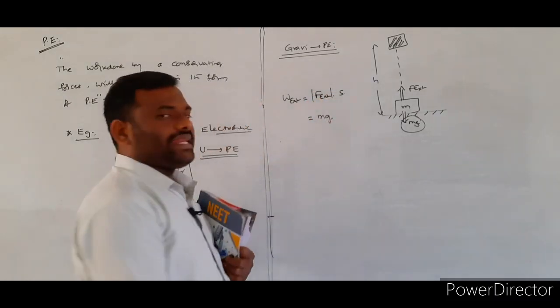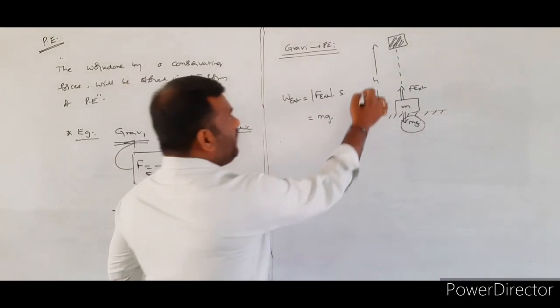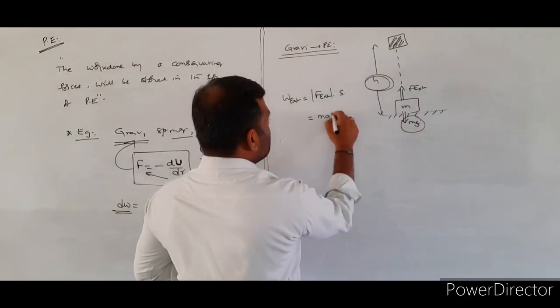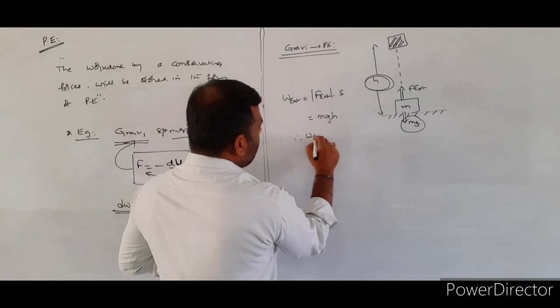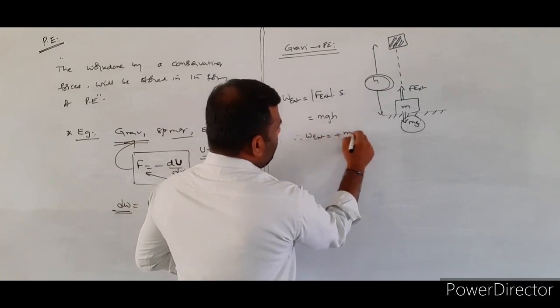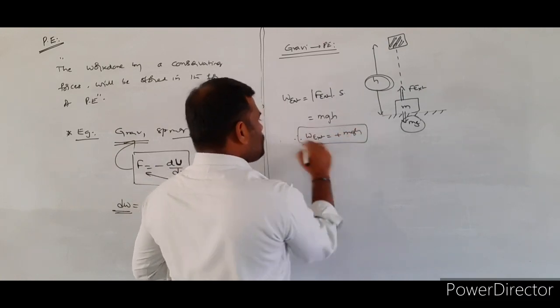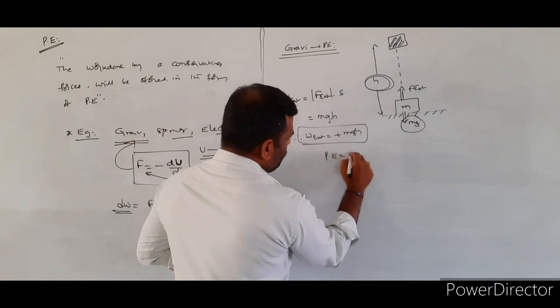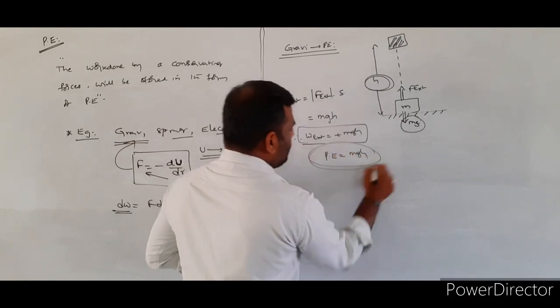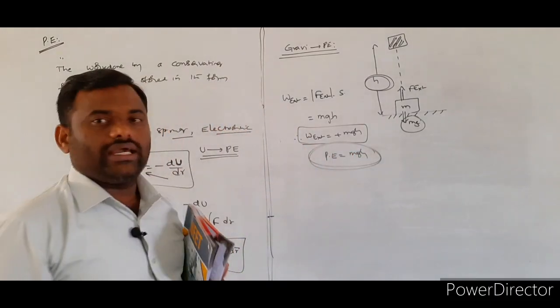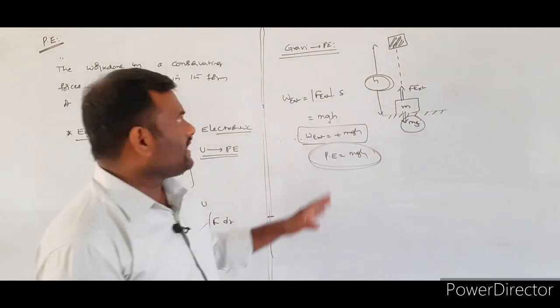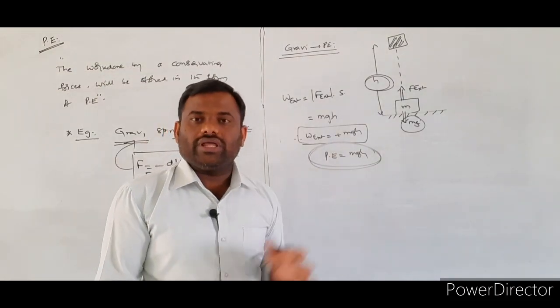And the displacement it was lifted is h. Therefore the work done by the external force is equal to plus mgh, which is stored in the body as potential energy. So this is the expression for gravitational potential energy.